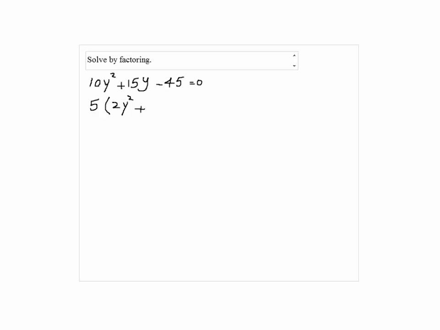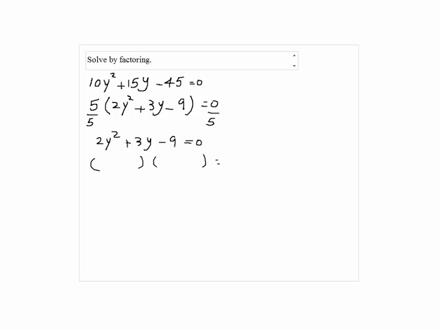First term would be 2y squared. The second term would be 3y. 3 times 5 is 15. Minus 9. 9 times 5 is 45. So if I divide both sides by 5, I would get 2y squared plus 3y minus 9 is equal to 0.